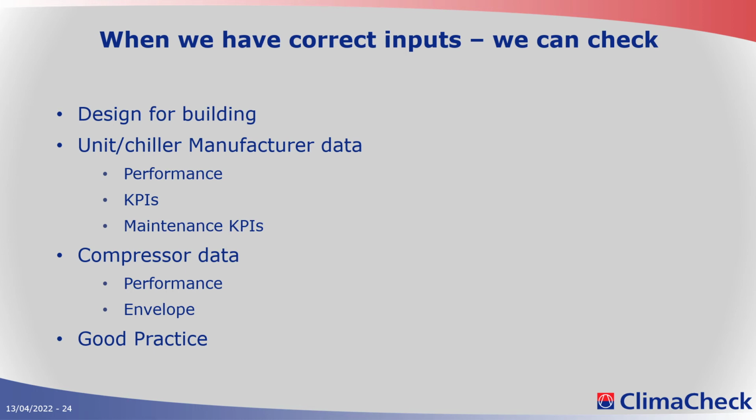And then we can drill it down to each chiller or heat pump or whatever it is we are measuring to compare how it's performing. So if we have good data for the design, it's very easy. We just check that it's according to the design.